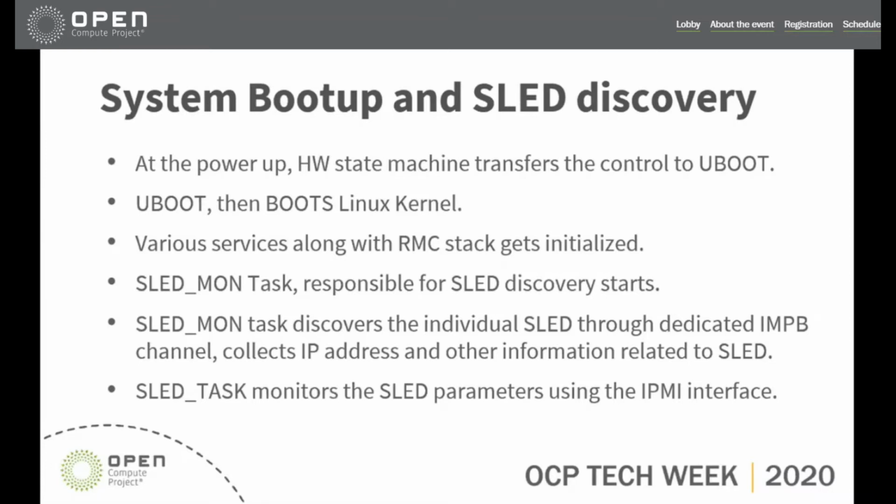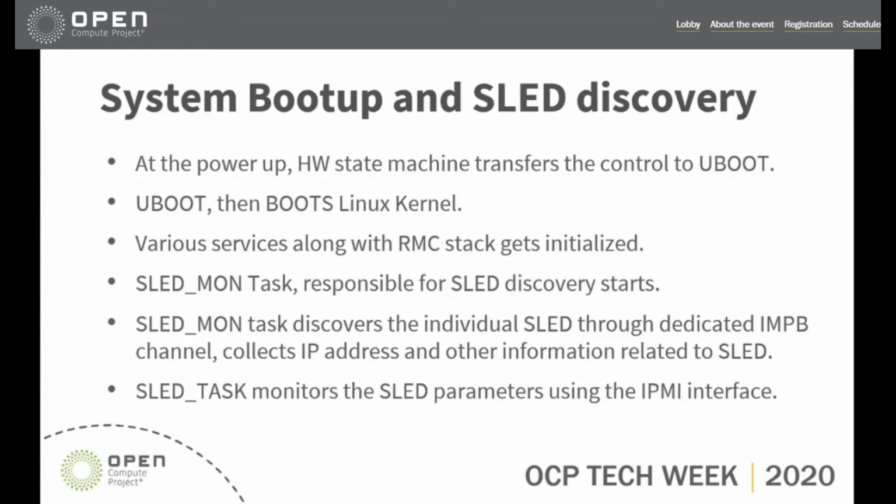In terms of DDR support, it supports both DDR3 and DDR4. We have SPI flash, which is being used as non-volatile storage, and other IP blocks to support various server management functionalities such as I2C, GPIO, PCIe, fan tachometer controllers, PECI, etc.